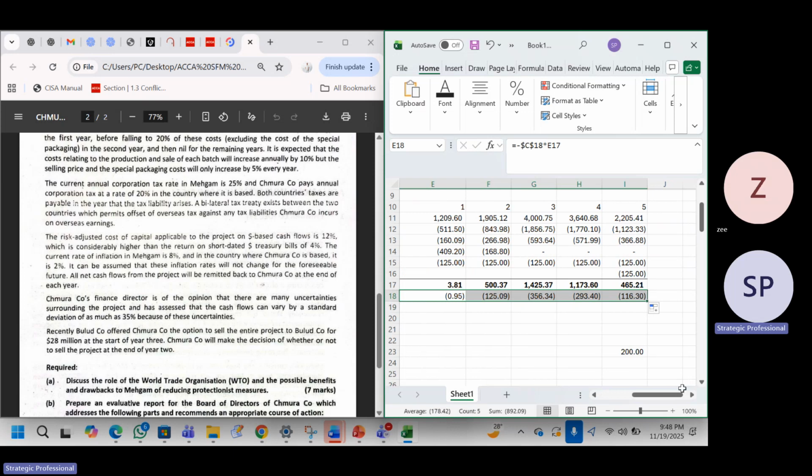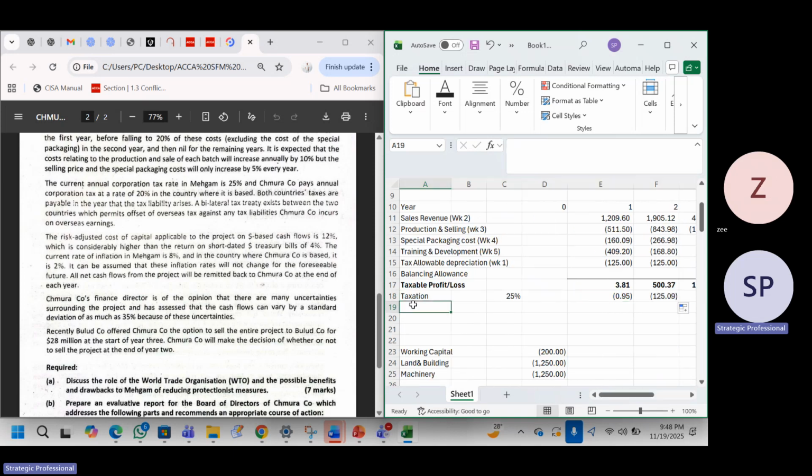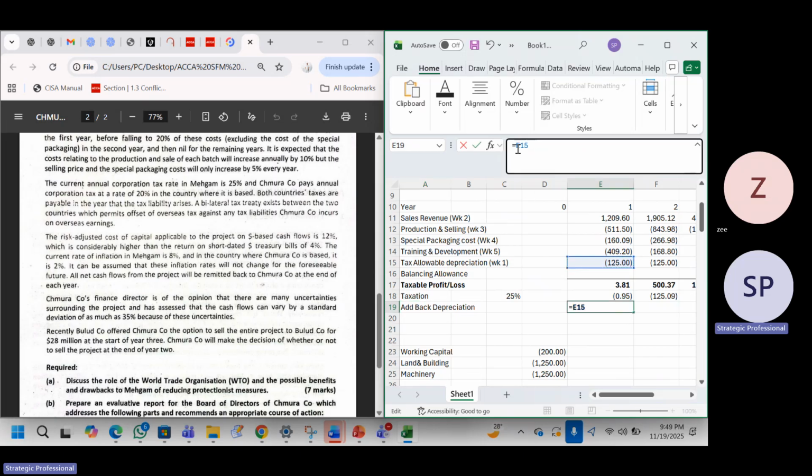When I drag, what do I need to do? I can then add back my non-cash item, right? Add back depreciation. I'm adding back depreciation, which is bringing this figure here, but in positive now.